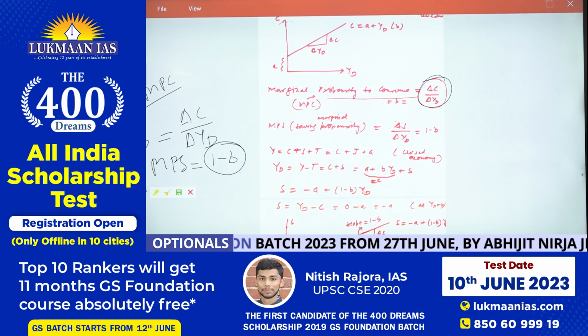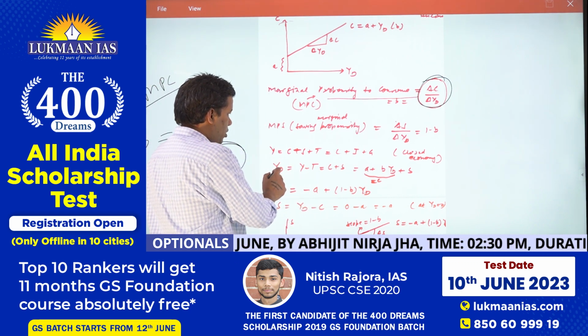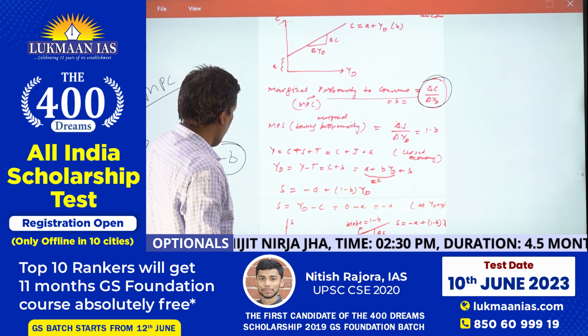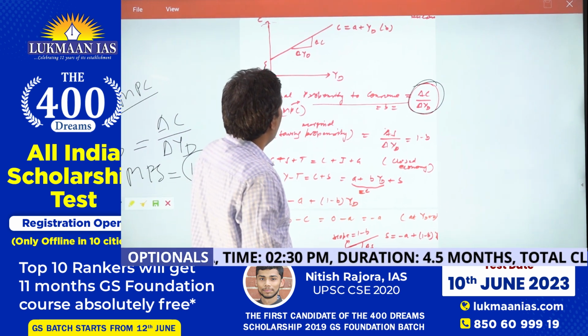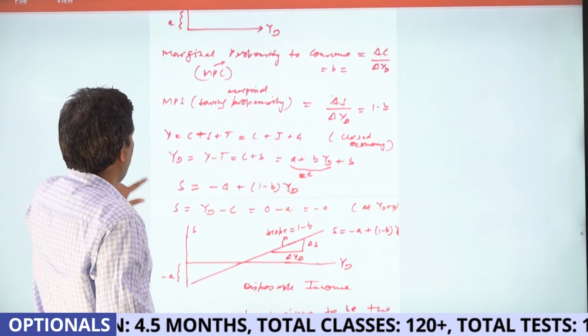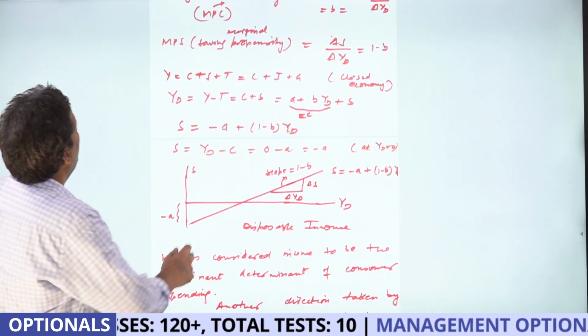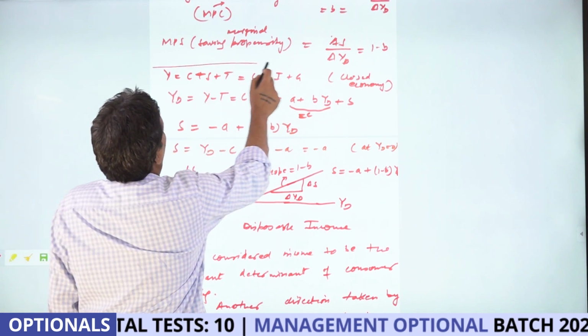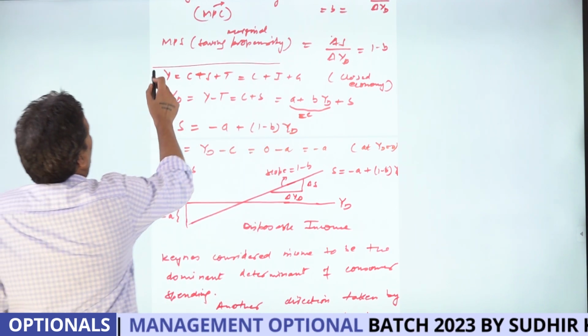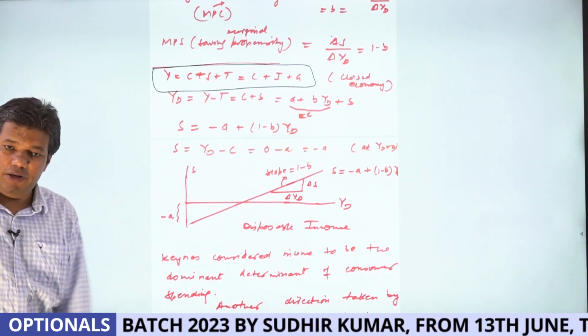And how you get this equation? See, similar from here. Okay, just a minute. Okay, from here you can understand this equation. Okay, see this. These two equations you got from the income and expenditure method, right?